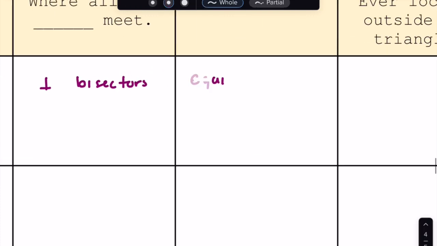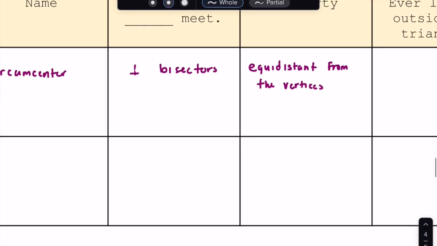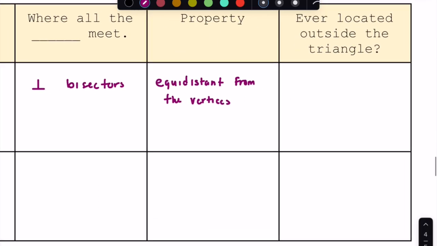Let's zoom in right here. It is equidistant from the vertices. And the circumcenter can be located outside the triangle.